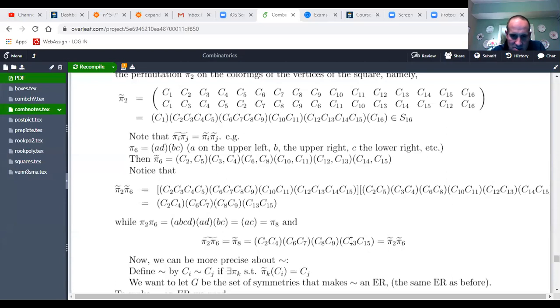And that's exactly the same thing you would have gotten if you had taken the colorings themselves and operated them together. You call this composing. This is a composition of these permutations. You are composing them as functions, basically. You're letting the one operate and then the other after that.